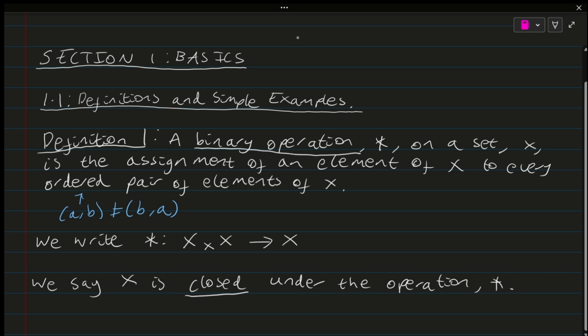What that means is that performing the operation star doesn't make us leave the set X.